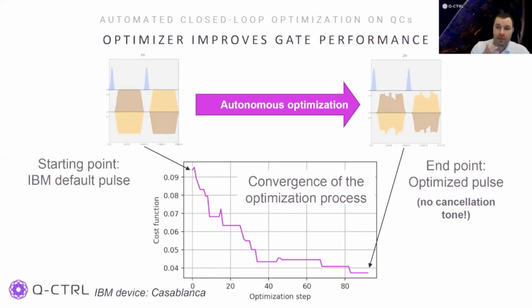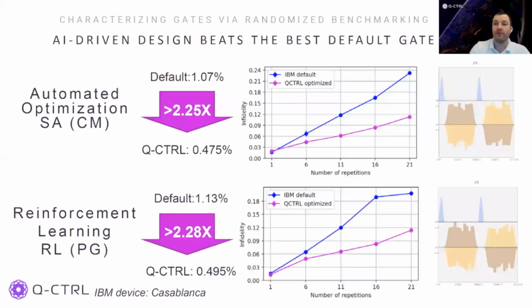When we are satisfied with the cost value, we take the final pulse and test it against the IBM default pulse. Here you can see the error of the ZX gate versus the number of its applications. The blue line is the IBM default pulse, which is recalibrated on a daily basis. The purple curves show the QControl optimized pulses as we got from two different methods.